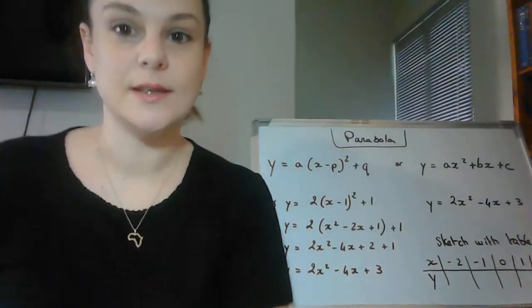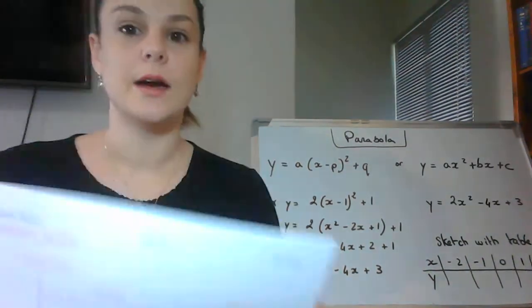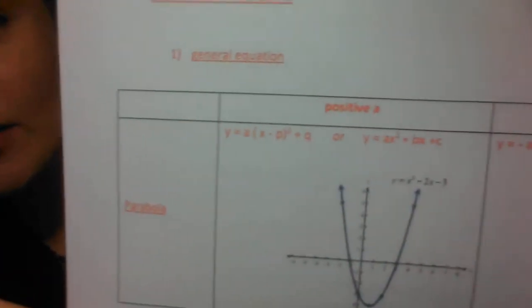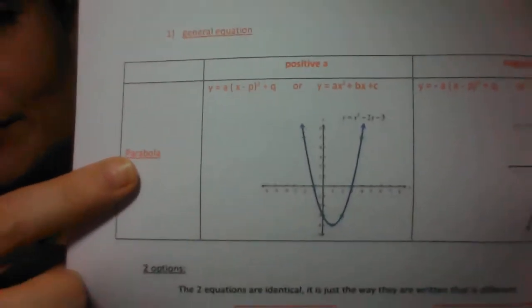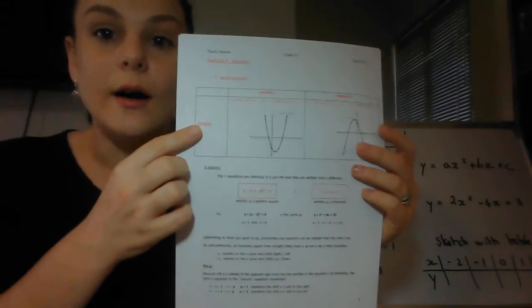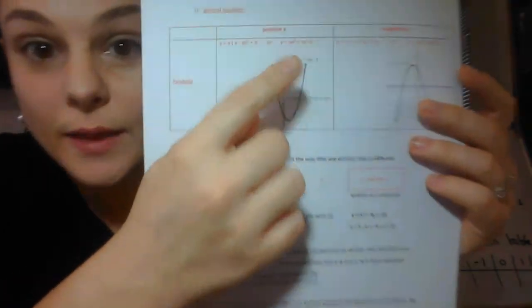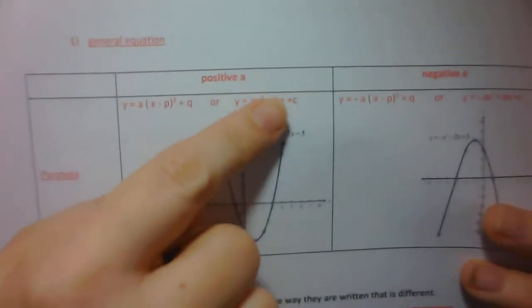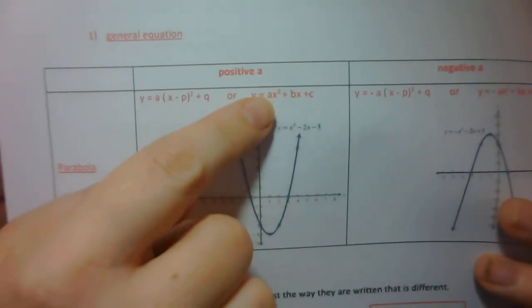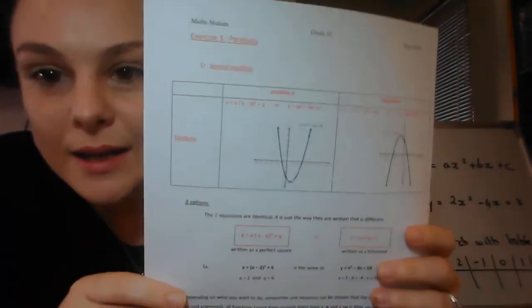Alright, so that's exercise 3, and I rewrote here the general equation for a parabola. So what makes a parabola? It's that you have a square on the x. So the square is on the bracket here, or the square is directly on the x there. Those two formulas have exactly the same meaning.